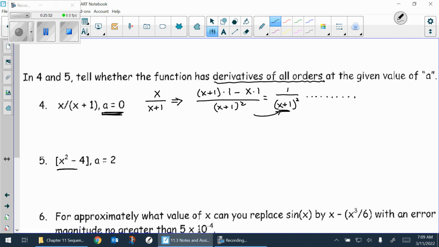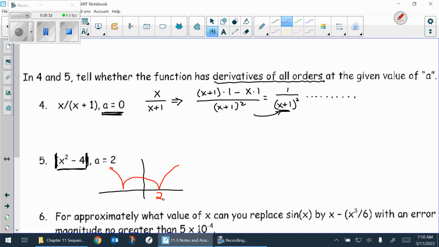What about this guy? Absolute value of x squared minus 4. Well, I'm going to think about what that looks like, because with absolute values, I'm kind of suspicious that they have corners. I think this looks something like this, where this is what happens at 2.